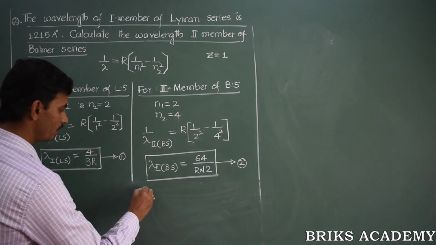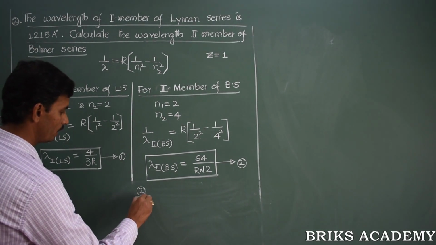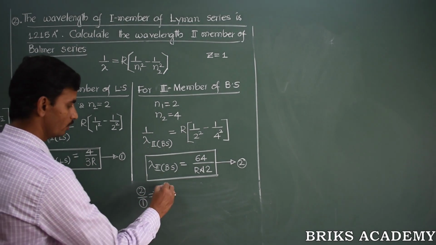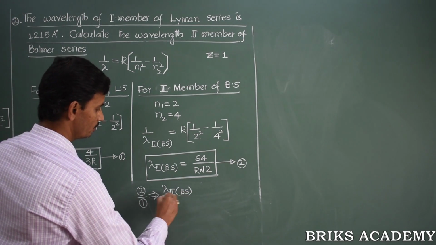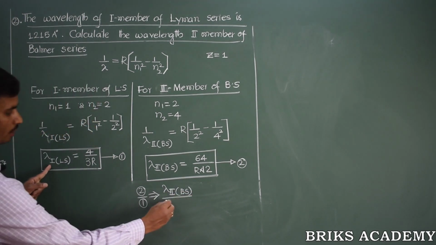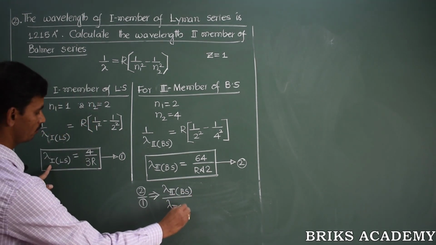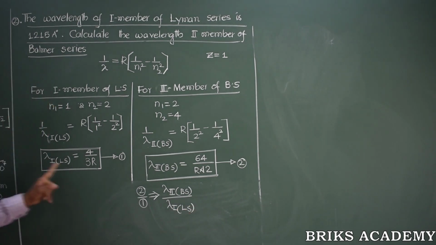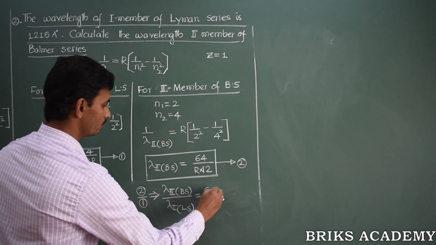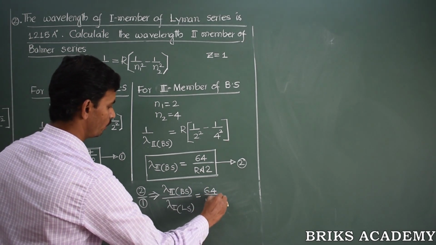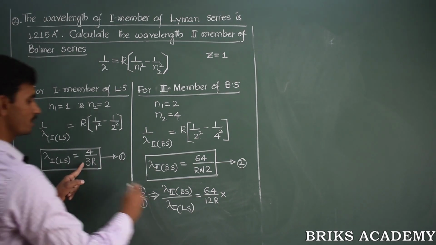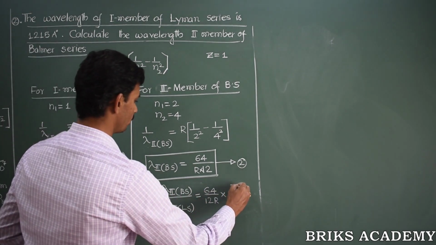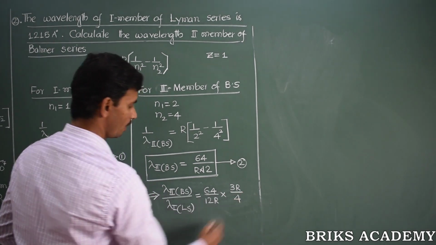Let us divide equation 2 by equation 1, so that we get lambda 2 of Balmer series divided by lambda 1 of Lyman series. On the right hand side, 64 by 12R multiplied by the reciprocal of the right hand side of the first equation, that is 3R divided by 4.